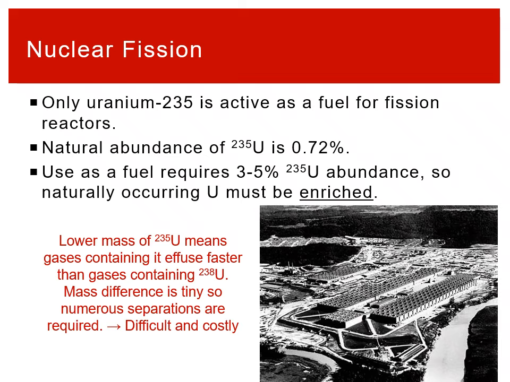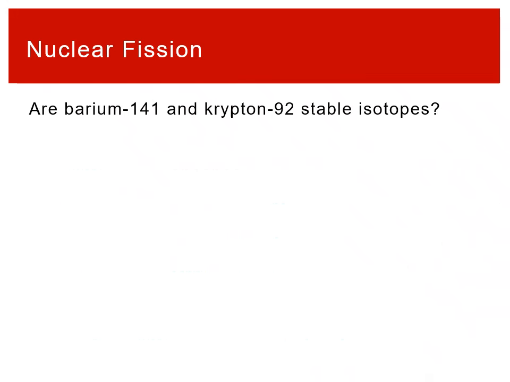Here are storage buildings back there, just huge facilities to do this uranium enrichment, and eventually a town built up around Oak Ridge to support that. So this is a really difficult thing to get, the uranium-235. It's difficult to get that enriched uranium, and once you have it, you have to use it just for nuclear. The only thing you can use it for is nuclear power or bombs.